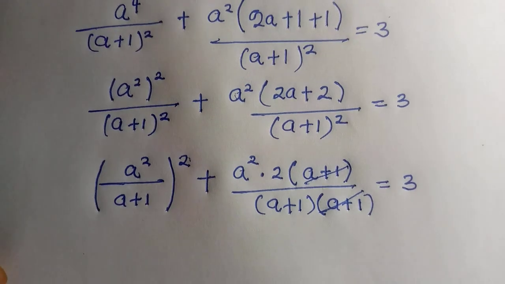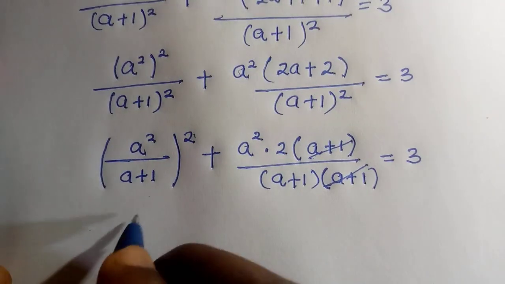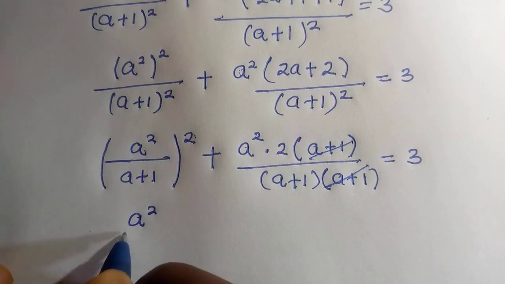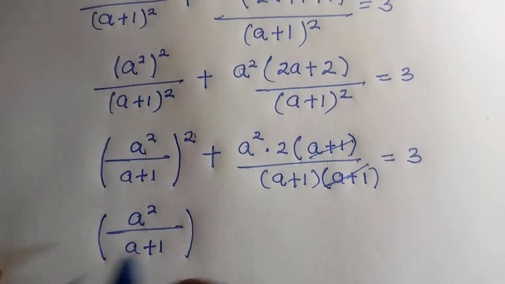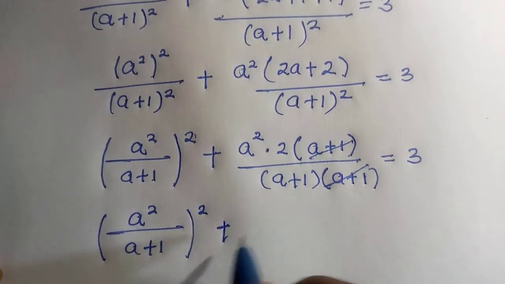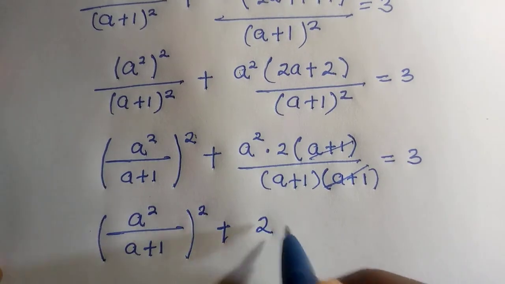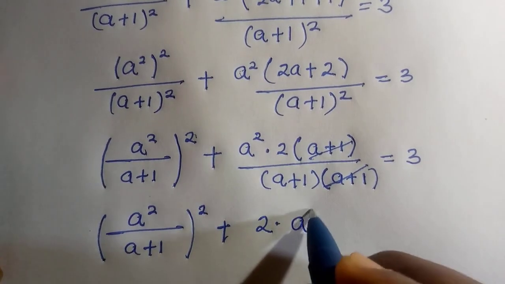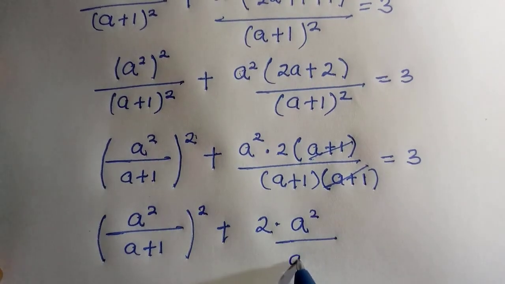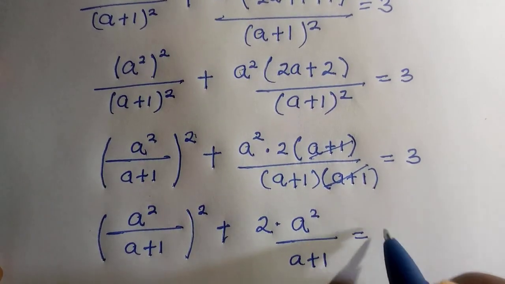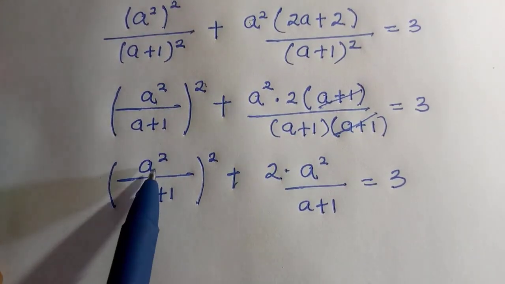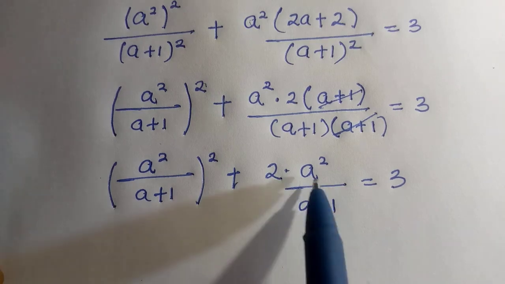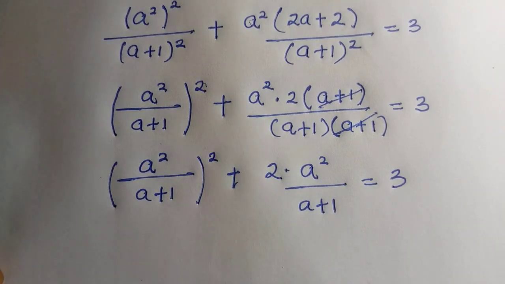When it cancels, we have this as a to the power of 2 divided by (a plus 1) all raised to power of 2 plus, so here we have 2, then multiplying a squared divided by (a plus 1), everything equals 3. So what we have here is, this is a squared over (a plus 1) and this is a squared divided by (a plus 1).